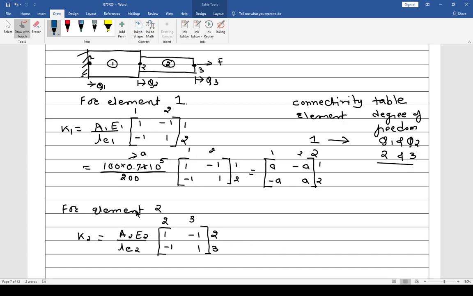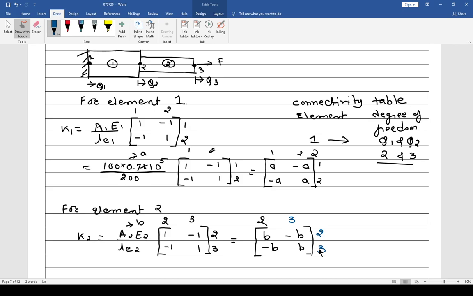That will be equal to, now you can put down these values and I can call this value as B. This is equal to B minus B minus B B. This is 2, this is 2, sorry, this is 3, 2 and 3.